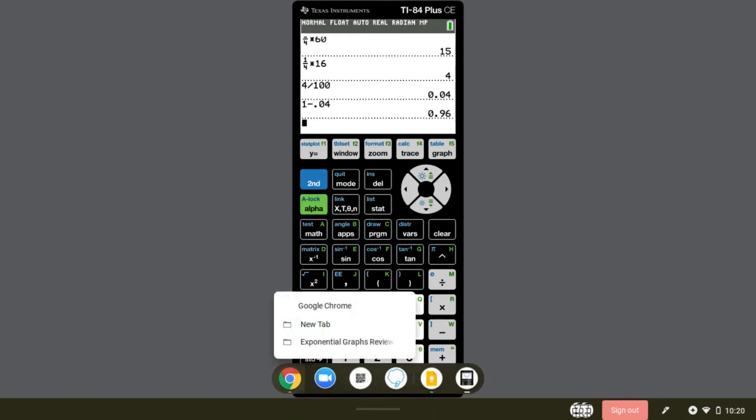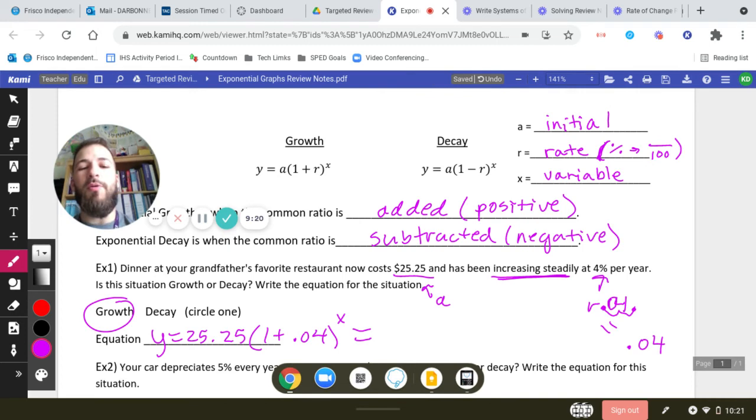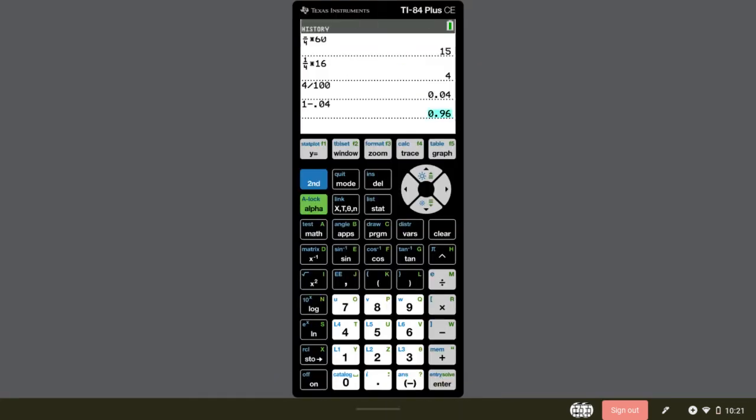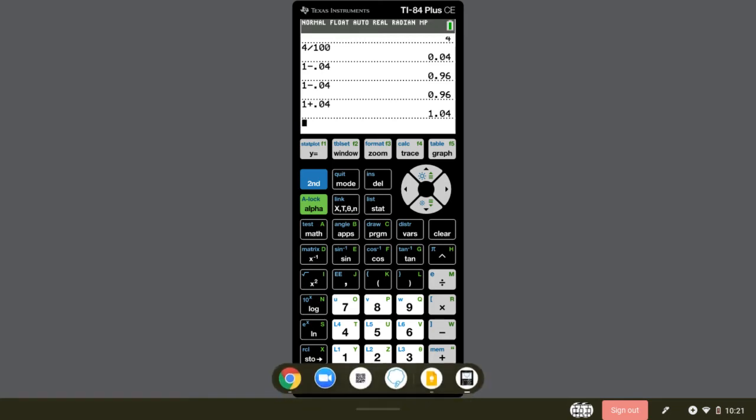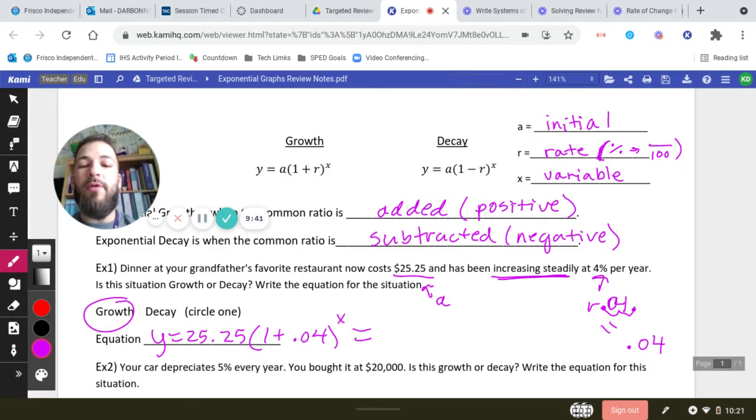So you can simplify it real quick. Or sorry, I don't know why I'm doing minus 1 plus. Because we're growing. So instead of that, we want 1 plus. Sorry, Mr. Darbone's being crazy today. There we go. 1 plus 0.04, which will give us 1.04. And that would be our final answer.